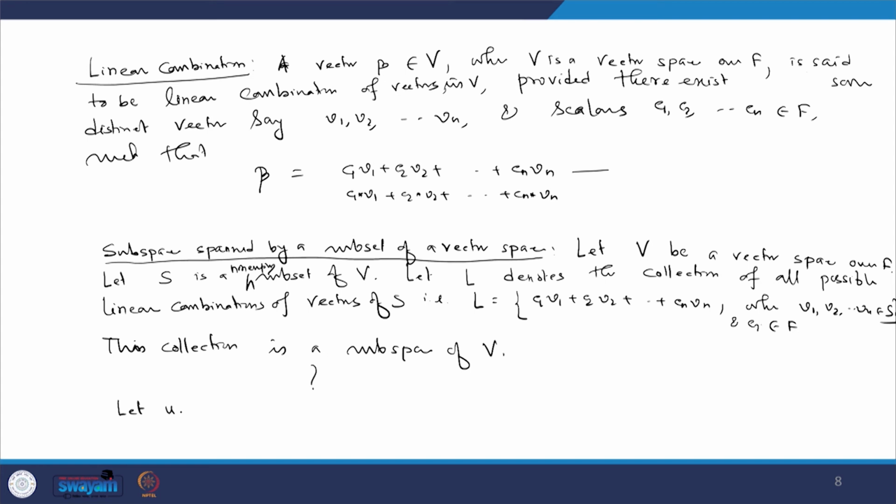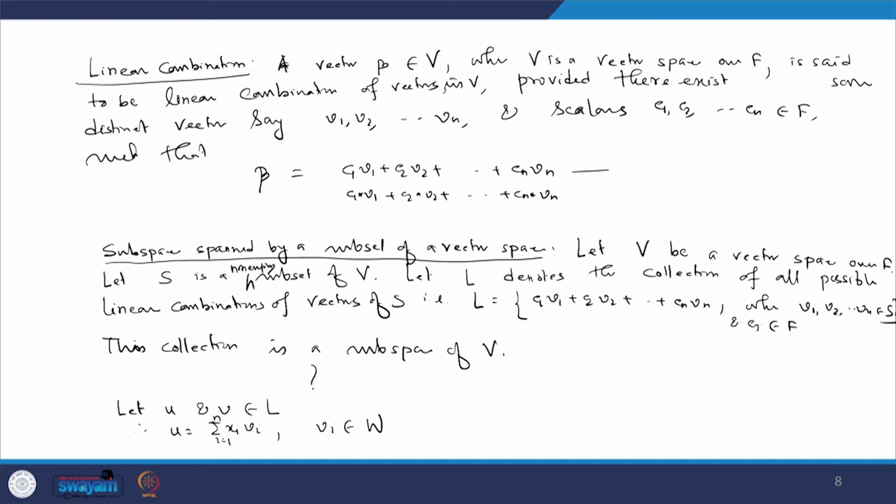Let u and v belong to L. So, u is equal to sigma x_i v_i, i equal to 1 to some number, such that v_i belongs to S. Okay. So, this n is a fictitious number, please. S may contain 1, 2, 3, infinitely many, whatever it may be.